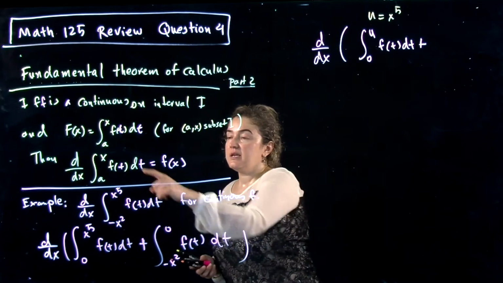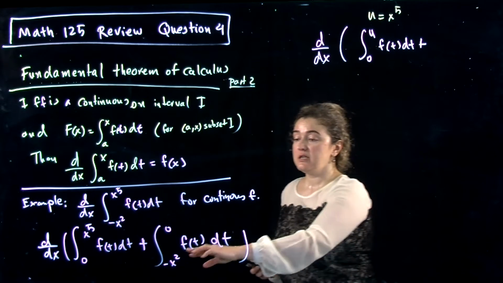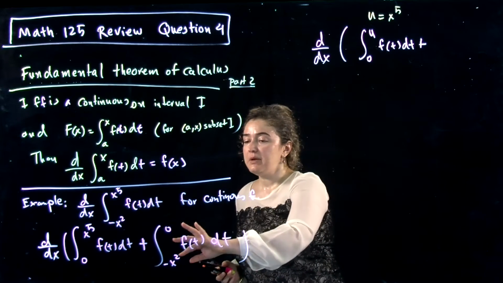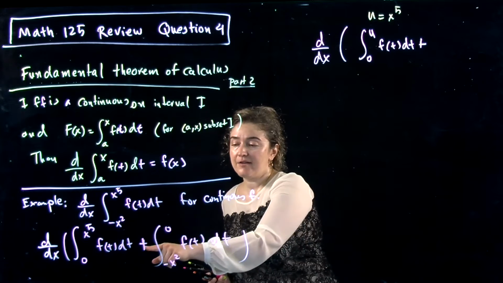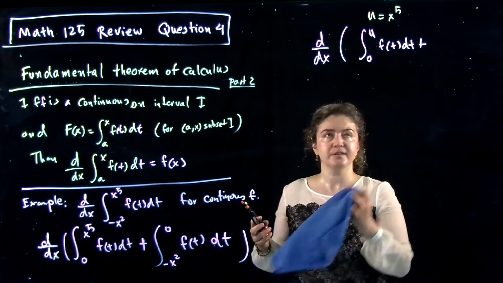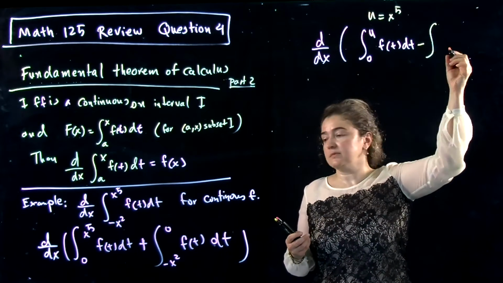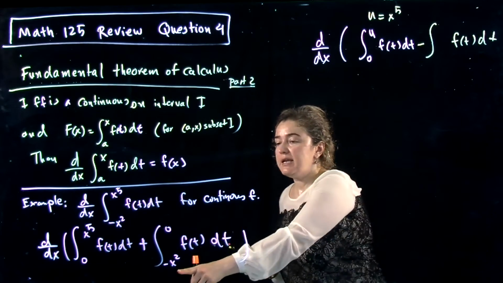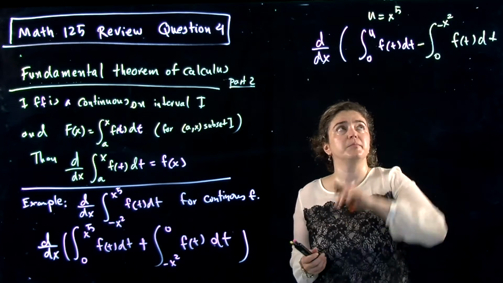Now this one, I want the variable on top, so I switch the lower and the upper bounds. But when I'm switching the lower and upper limits, then I have to change the sign. So this becomes a negative sign. So I'm putting 0 on the bottom and negative x squared on the top.